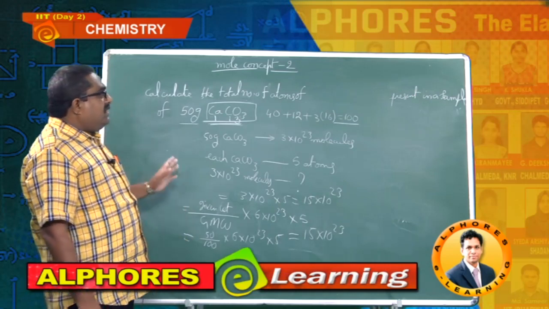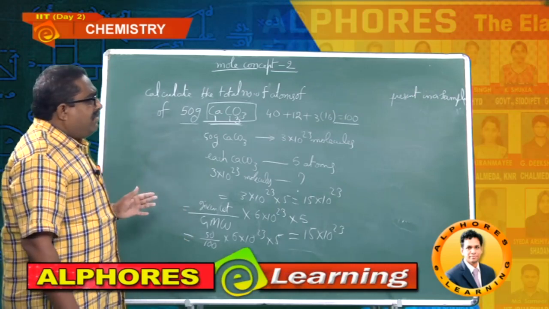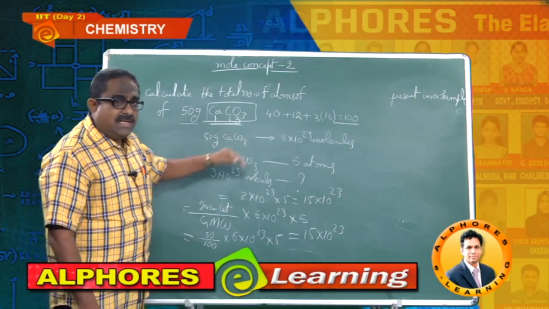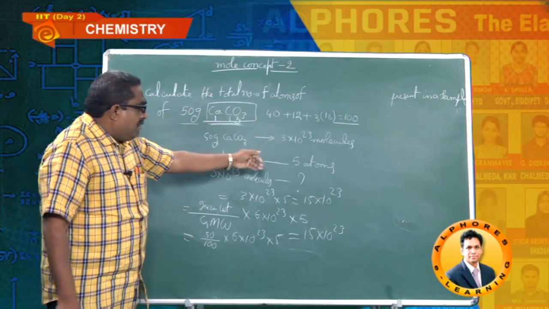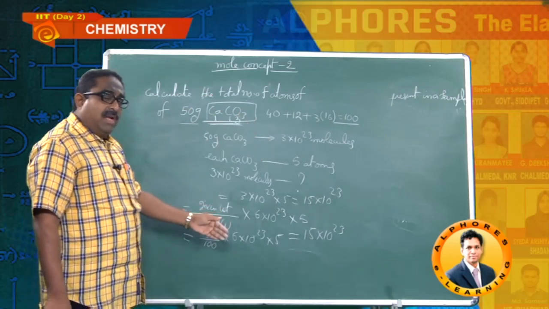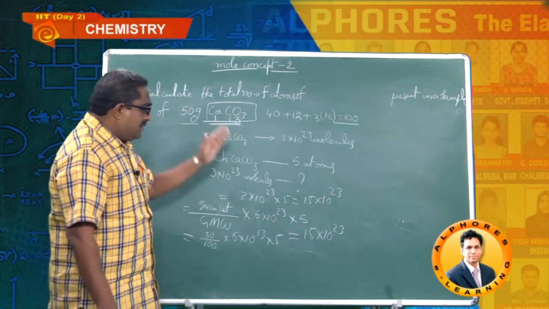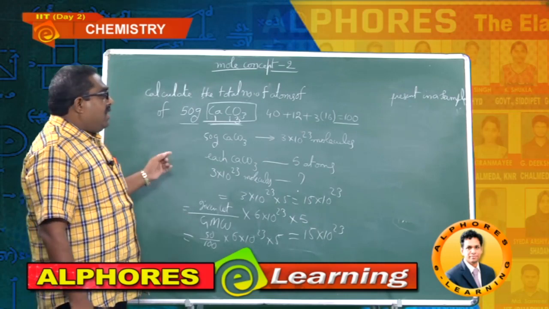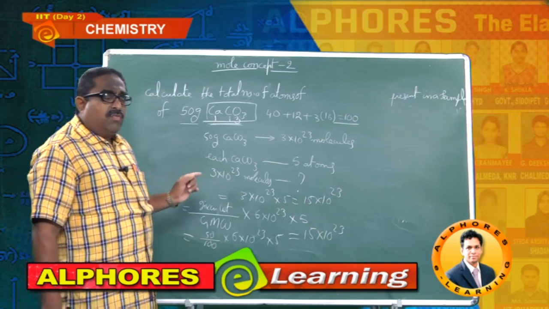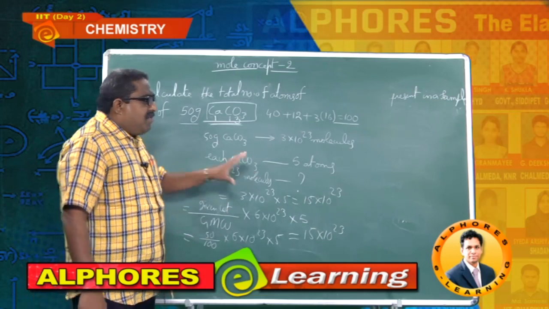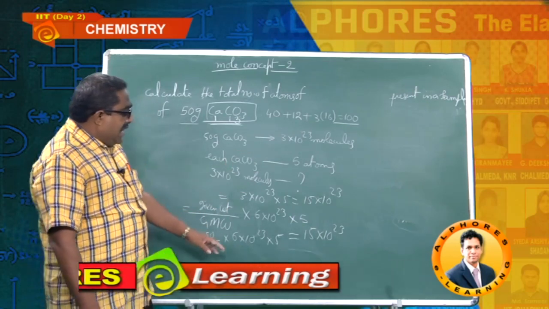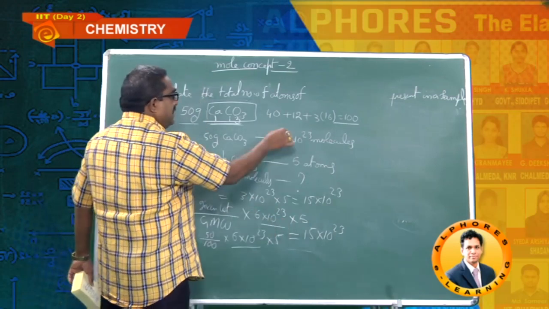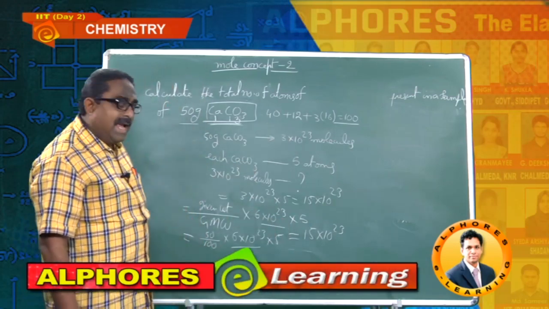So this is the calculation of atoms for a given weight of a substance. Start with molar mass, then the number of molecules, and then the number of atoms, a sequential approach. Now I am going to repeat this model with one more example with a different notation, because each and every time we are writing 6 into 10 power 23 for Avogadro number.